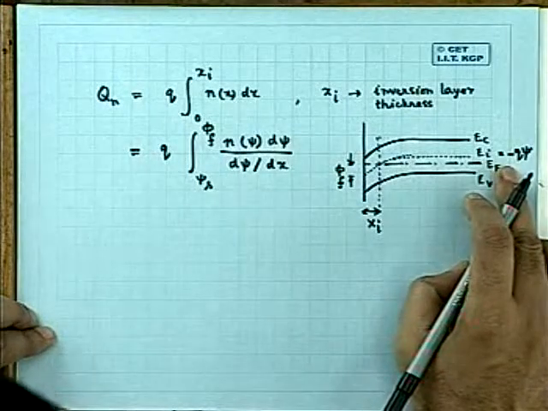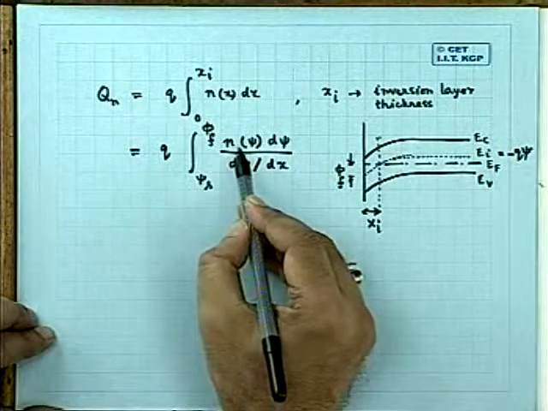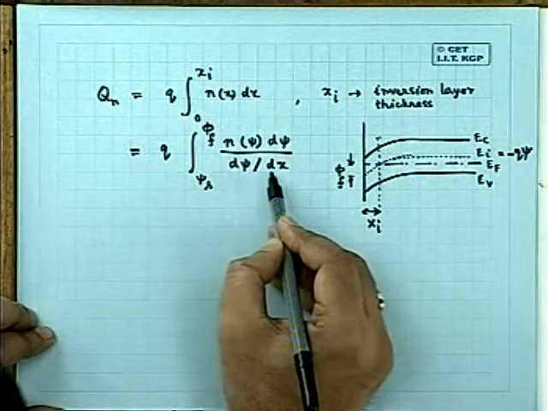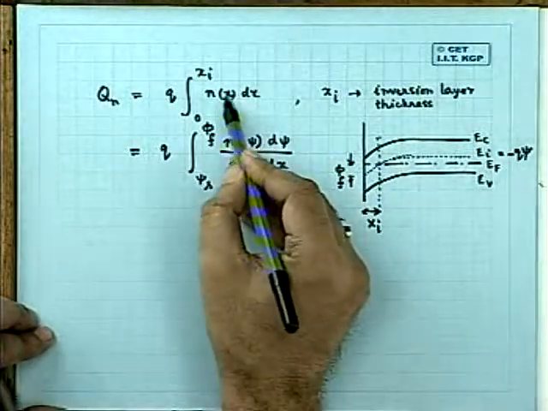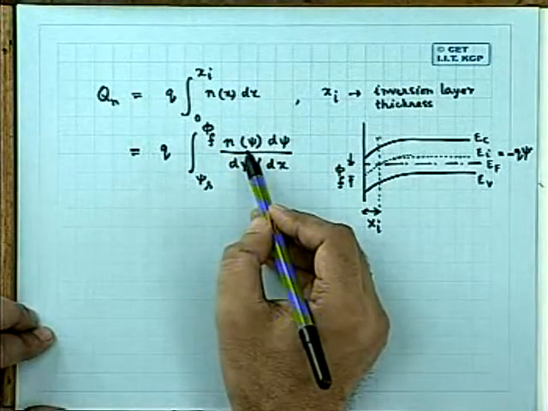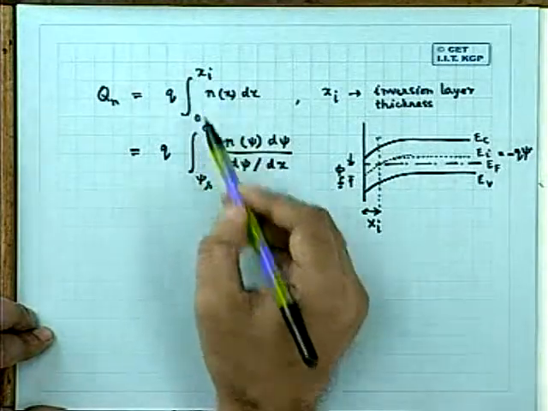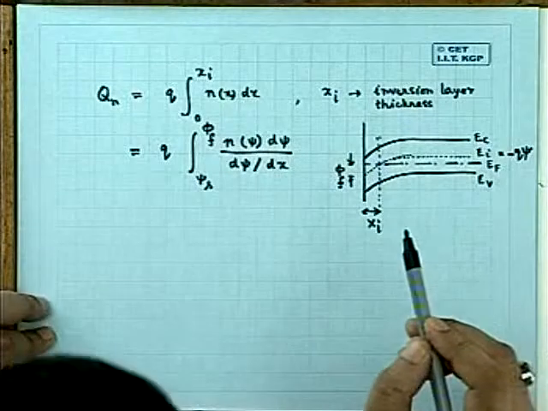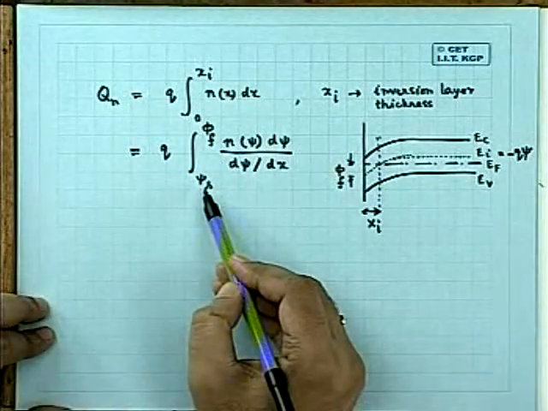Ei is equal to minus Q psi. Psi is the potential. So n psi d psi by dx, actually it is the nx dx. But now I have changed the variable from x to psi. So I have to change from the 0 to xi domain to the psi domain. X equal to 0 means surface potential is psi s.